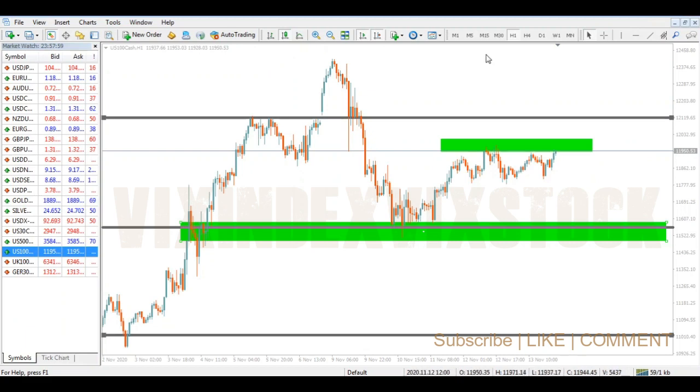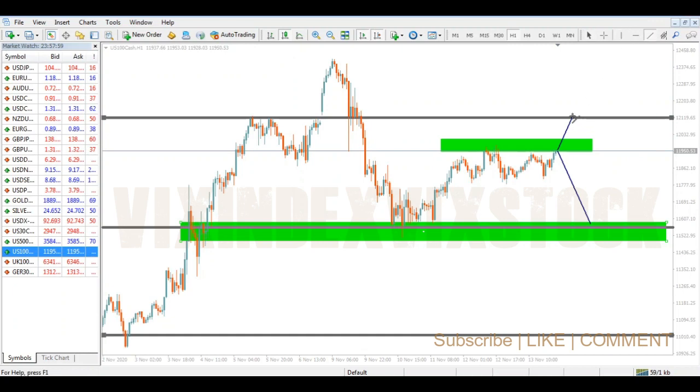So what I am waiting to see is what price is going to be doing here, whether it's going to drop back down to our support or it's going to be pushing up, and my first level of interest will be there.